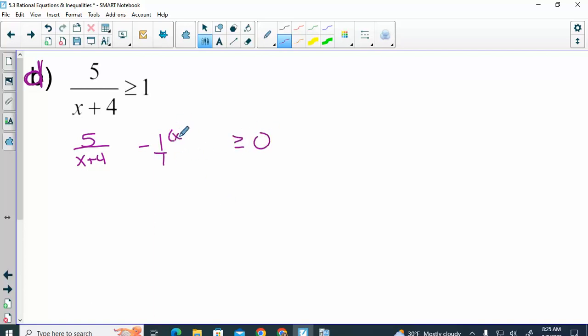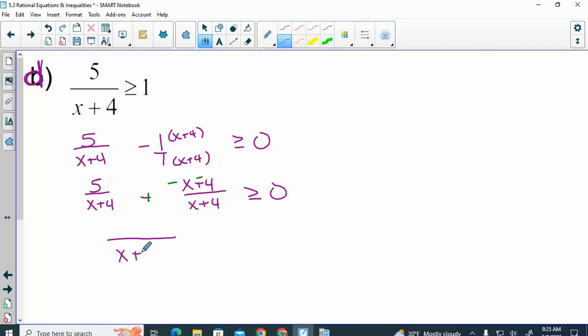We need a common denominator, so you have to multiply it by x plus 4 on top and bottom. 5 over x plus 4 minus x plus 4 over x plus 4. We take that negative and distribute. Now the denominators match, so we can put them together. So we get a negative x plus 1 greater than or equal to 0.